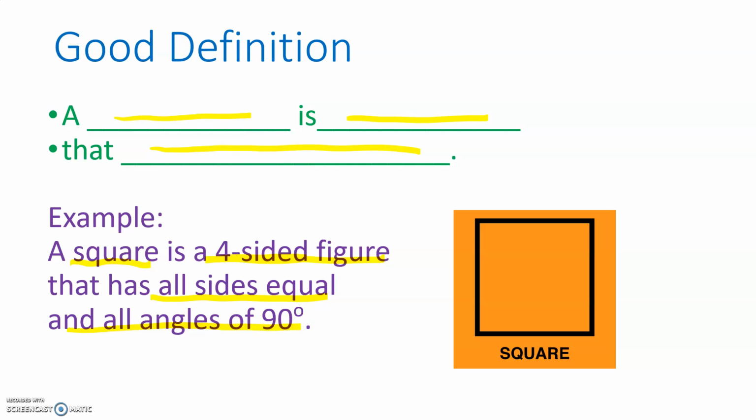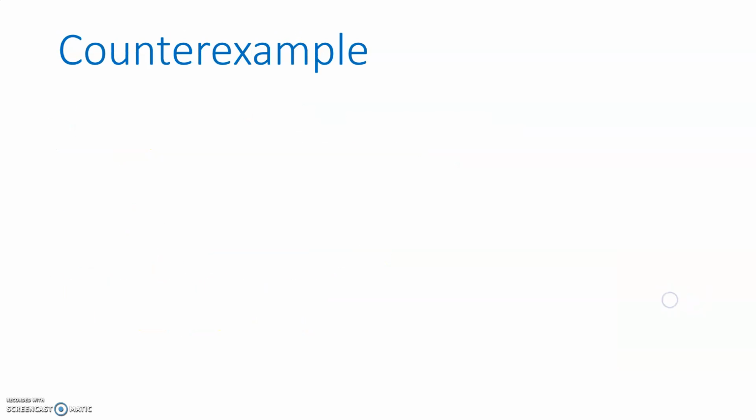Now, once we have what we think is a good definition, we have to test it. And we test it with something called a counterexample. So we want to take the definition and see if we can use that definition and come up with a figure that is not what we really wanted to define.